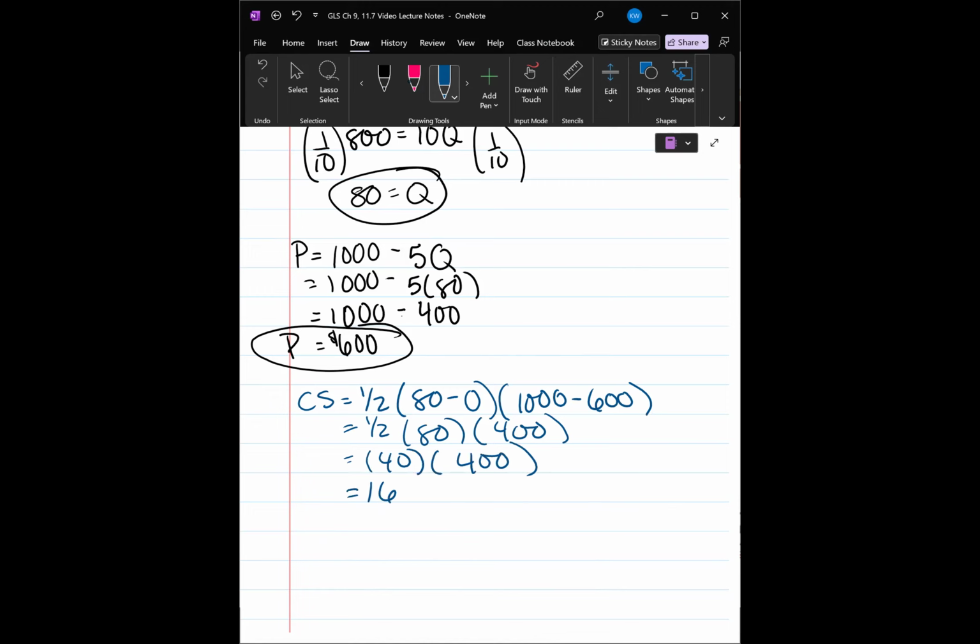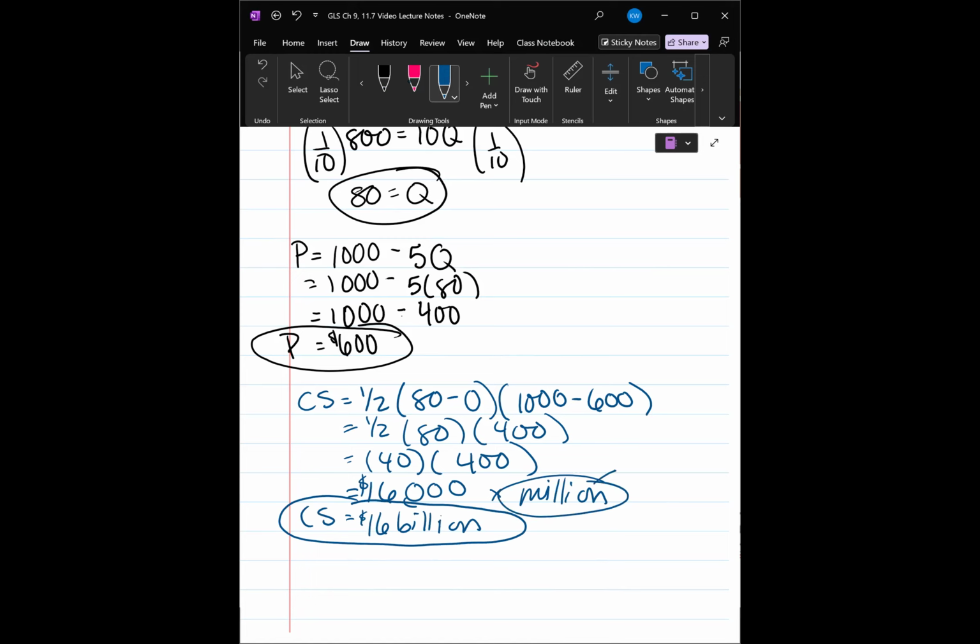That gives us consumer surplus of 16,000, and then we multiply that by a million, so it's actually $16 billion for our consumer surplus. We multiply by a million because quantity is measured in millions.